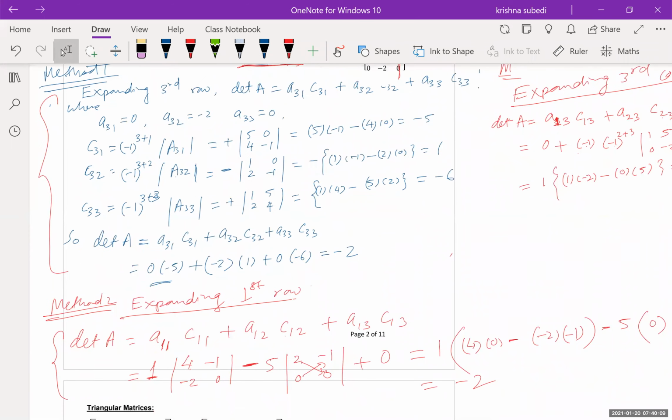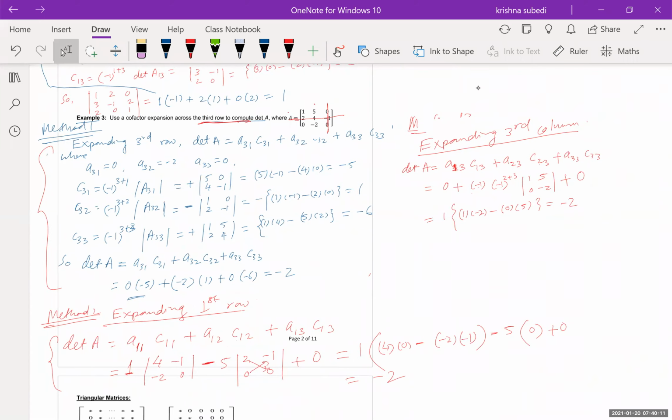All right, so like I said, even though example 3 tells us to expand along the third row to find the determinant, we tried it with expanding the first row and also expanding the third column just for fun. So you can choose which column or which row to expand to find the determinant.